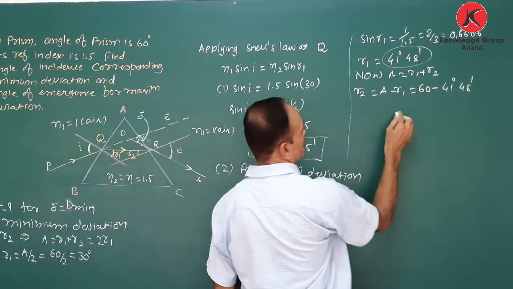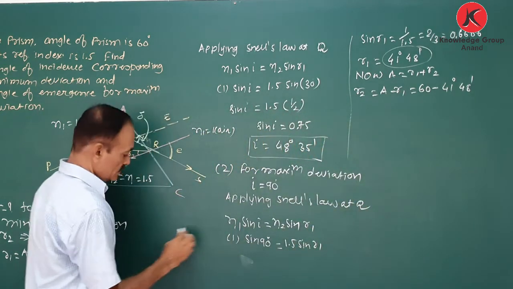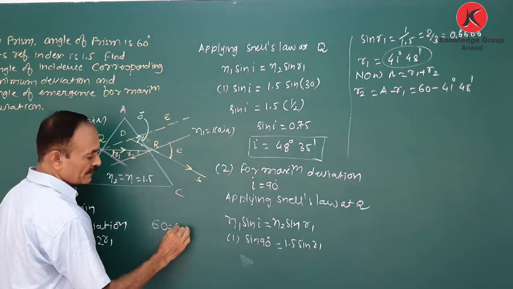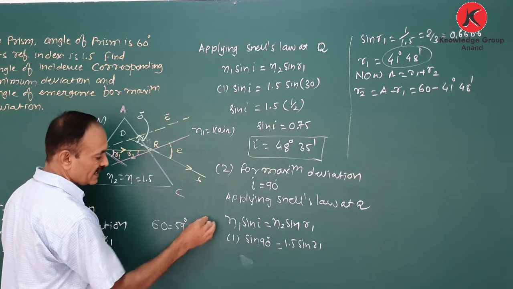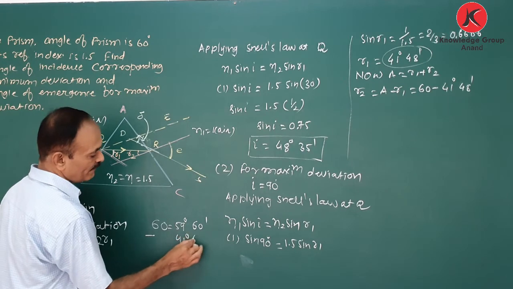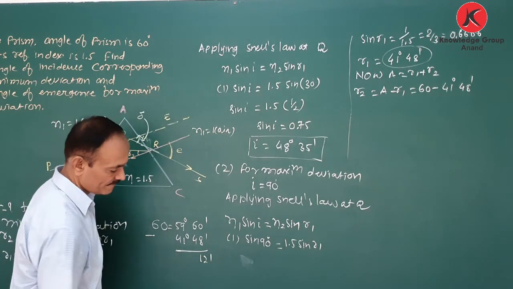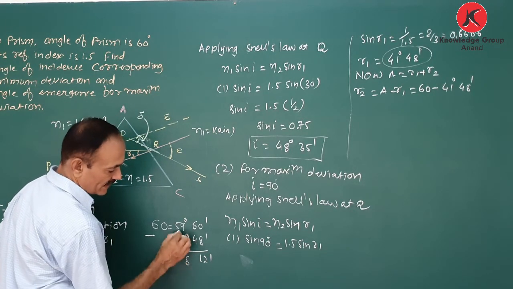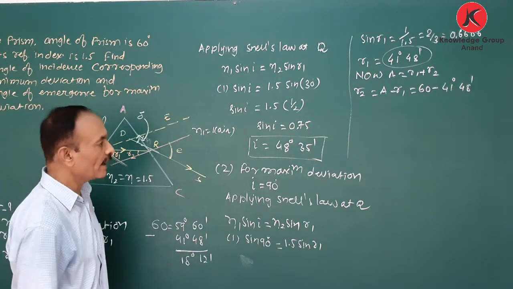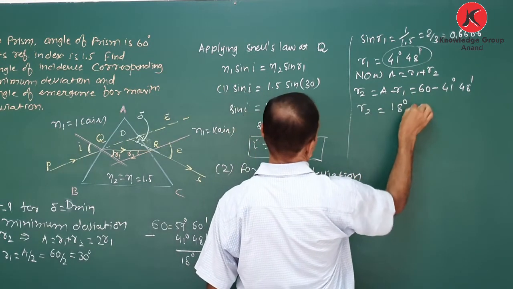For that purpose, the 60 degree is given, so we can write it in that form: 59 degree 60 minute. Subtract 41 degree 48 minute. So here 12 minutes, and 59 minus 41 is 18 degree. 18 degree 12 minutes is the value of r2. Therefore r2 is equal to 18 degree 12 minutes.